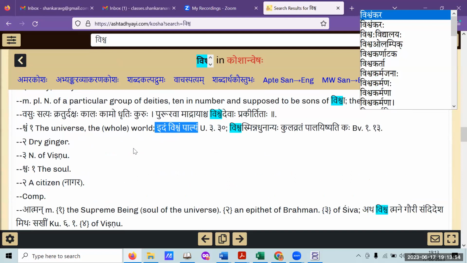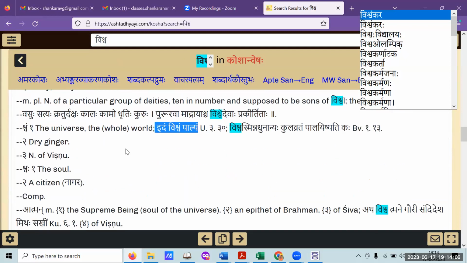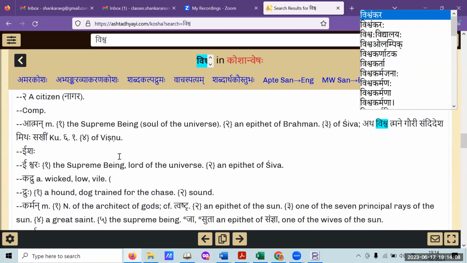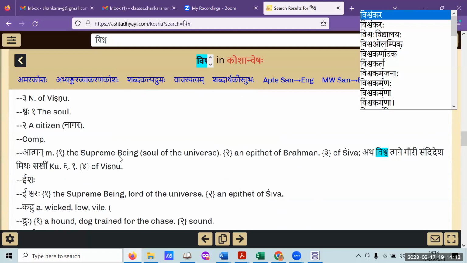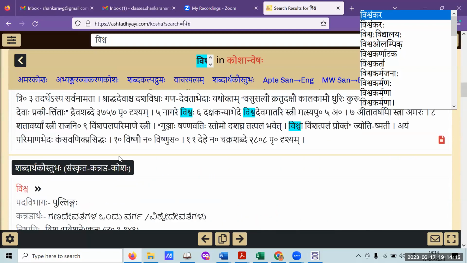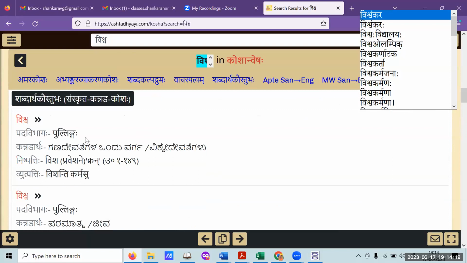So Vishwam. How do we know what's the gender now still? Let's see. This is Vishwe Devataha. Vishwam, the whole world. I expected them to show what's the gender. Why is it not showing here? See, Vishwa Pullingaha.